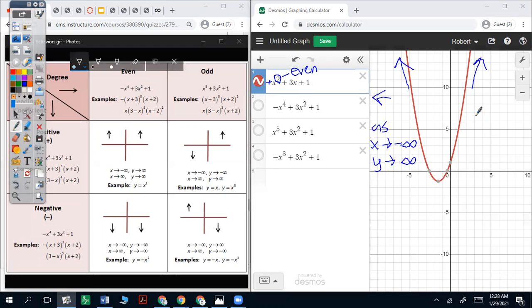And on the right side, it also goes up, so we say as x goes to positive infinity, y goes to positive infinity. So even and positive is going to be pointing up, and both of those y's will point to positive infinity.